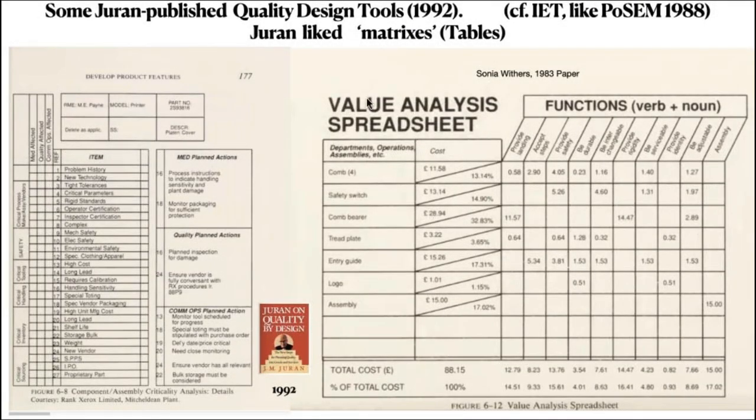He is a great lover, like I am, of tables for expressing multiple requirements and multiple designs and their interaction. So here they are from 1992. Pretty good. I'd like to think I was doing better earlier than that, but I'm very happy that he understands that you have to represent things with tables to really understand multiple qualities and multiple designs for quality.